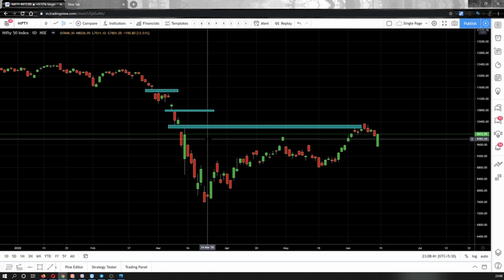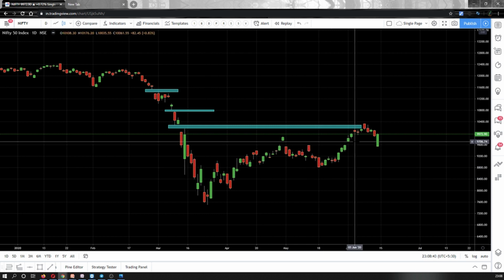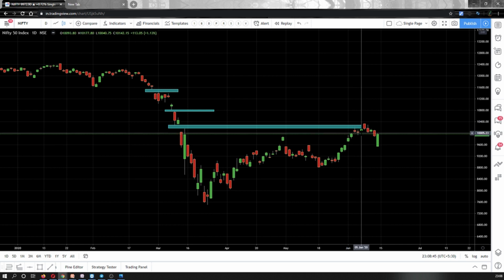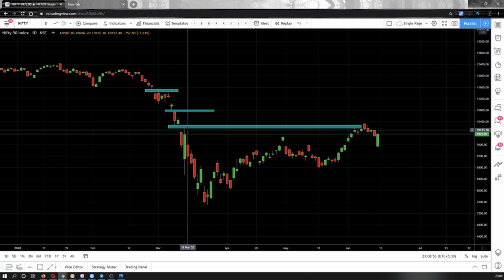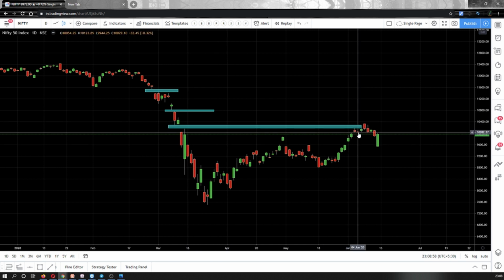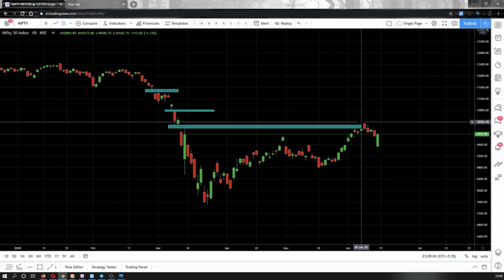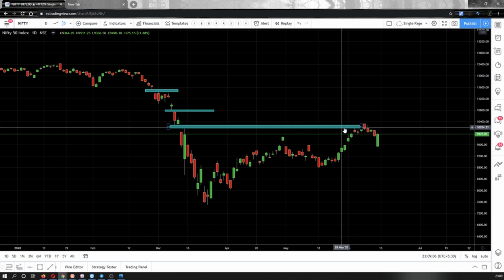Now, if you remember, I had already mentioned after the market was over on 5th June, on my Telegram public channel, that this particular gap will be working as a very strong resistance. And in order for Nifty to go up any further, it has to fill this gap.